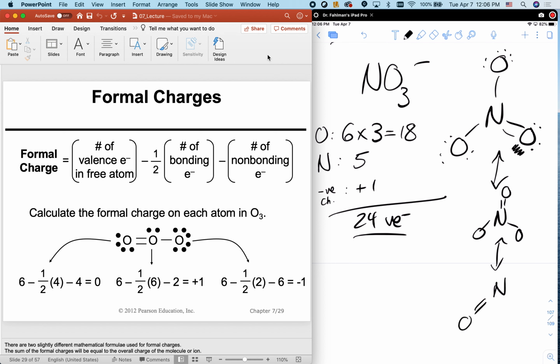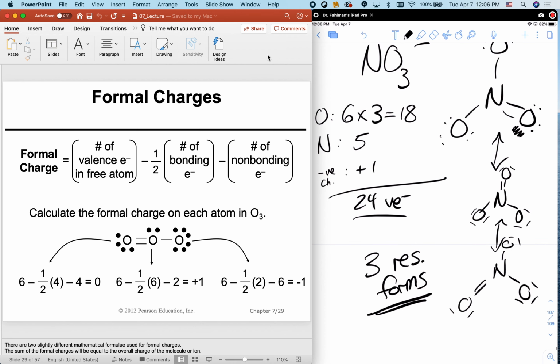I guess here, with all these other dots around here. Just being lazy. Whoops, up here too. So this would have 3 resonance forms or resonance structures.